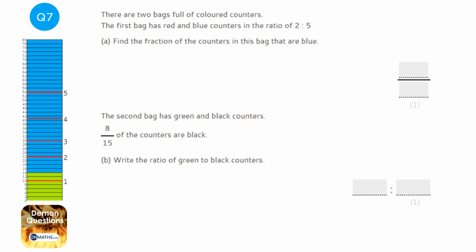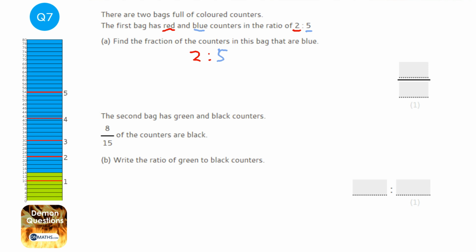Otherwise, let's get started. So this question is asking about ratios. Now the first most important thing that we realise is the order of the words reflects the order of the ratios. So it's red to blue, and so there's going to be 2 red for every 5 blue.